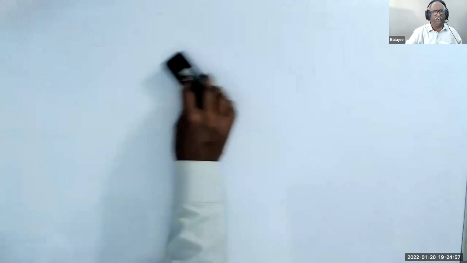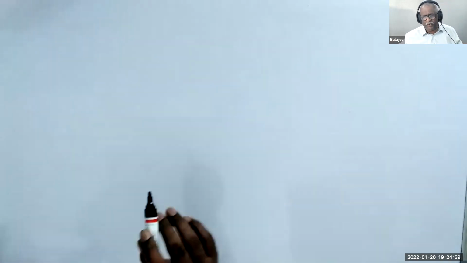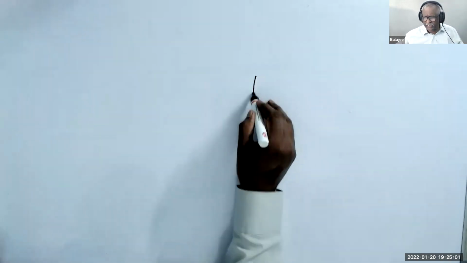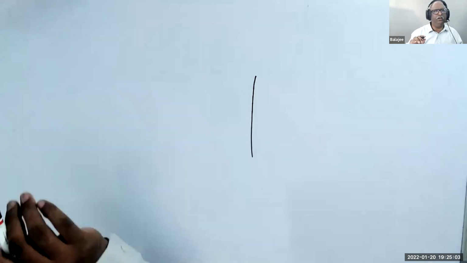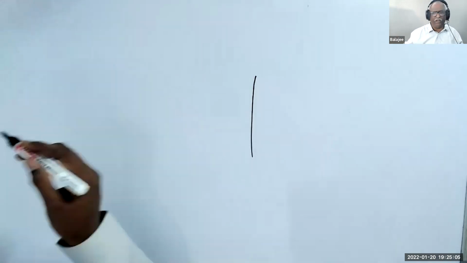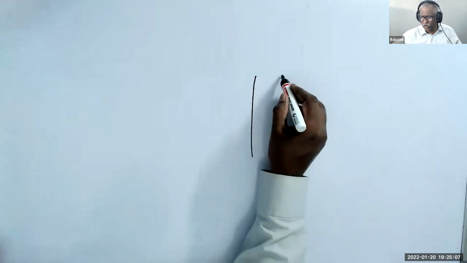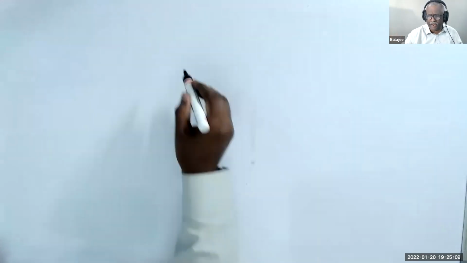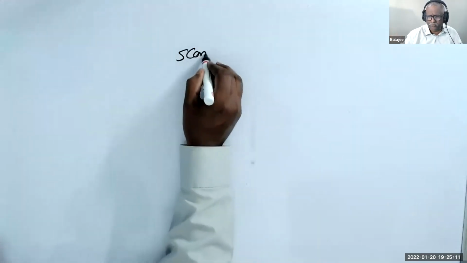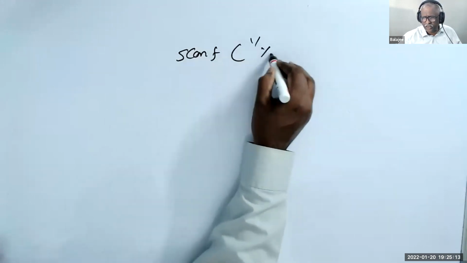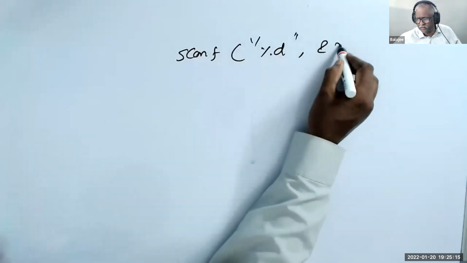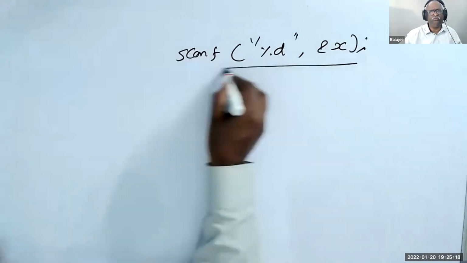Now somebody asked about function. Function is, let us say, you have to find a prime number. I've written a small program called scanf %d, comma, and x. So I got the x now from the keyboard.